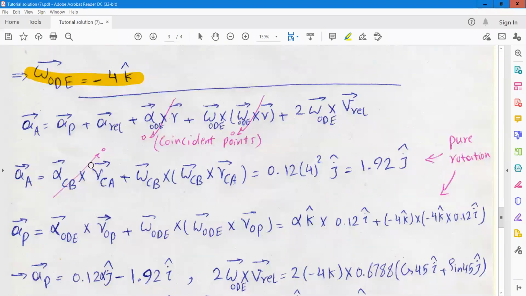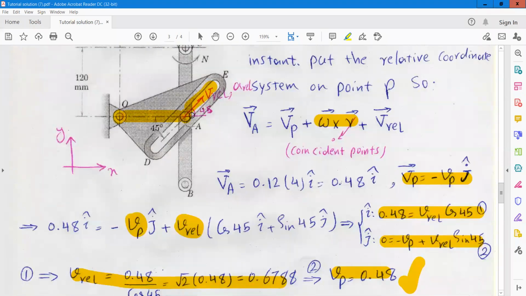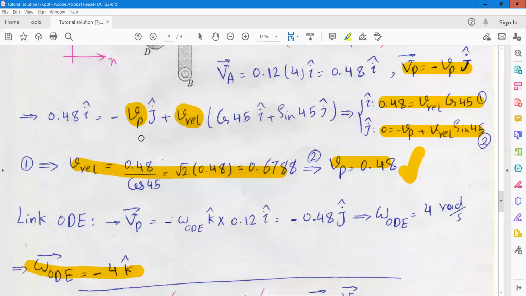And then for the acceleration, again we have the same equation using a rotating relative coordinate system. The acceleration of pin A is equal to the acceleration of P plus the relative acceleration. The direction of the relative acceleration is the same as the direction of V relative. It's exactly the direction of the slot in link ODE.